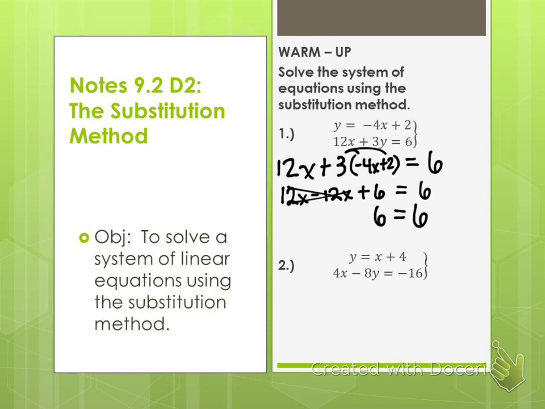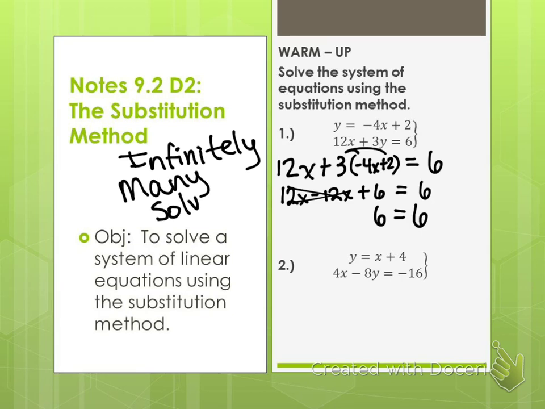So we have 6 equals 6. What does that mean for our answer? Jamal? Good. That means for number 1, we are going to have infinitely many solutions. If your variable goes away completely and you have a true statement like 6 equals 6, then there are infinitely many solutions.